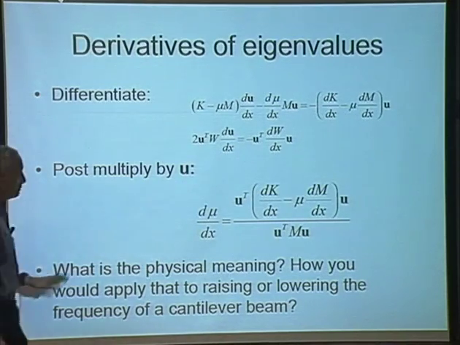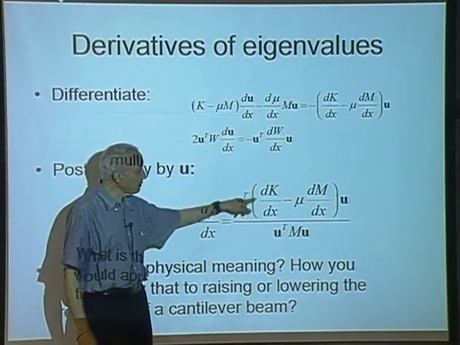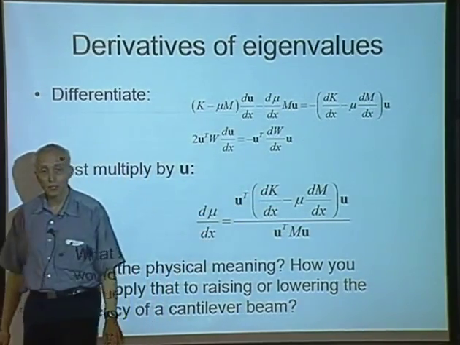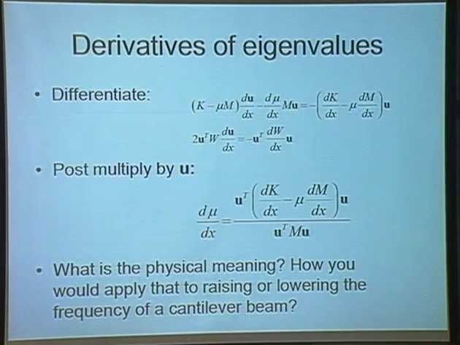And so instead of dK/dx, let's just have a delta K. U transpose delta K U. Could anybody tell me what that would be? Change in strain energy. Yeah, it's essentially what we called compliance before. It's the change in strain energy due to x.